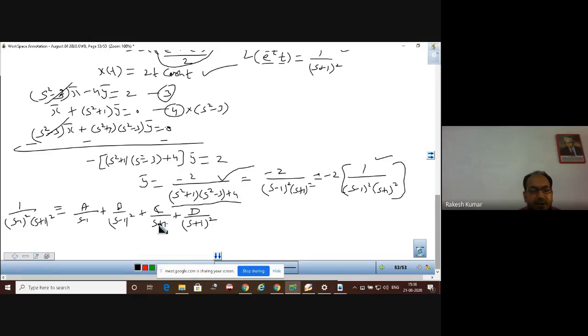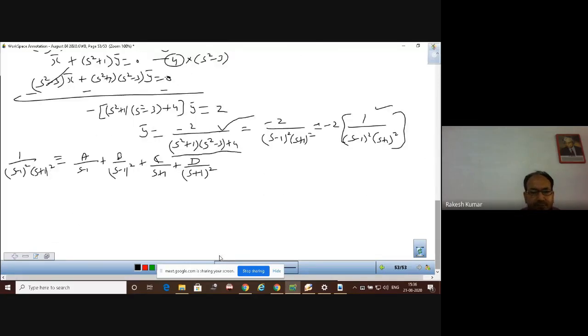So by simplifying it with the help of a partial fraction, what will you get?